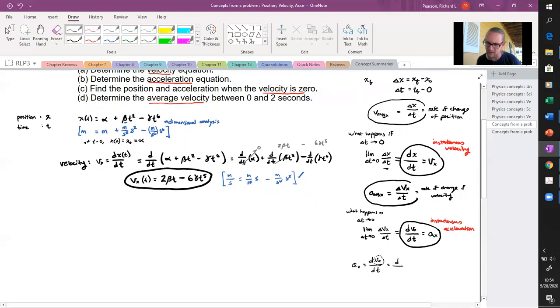We have a derivative with respect to time of dx dt, which means we have a second derivative of position with respect to time.